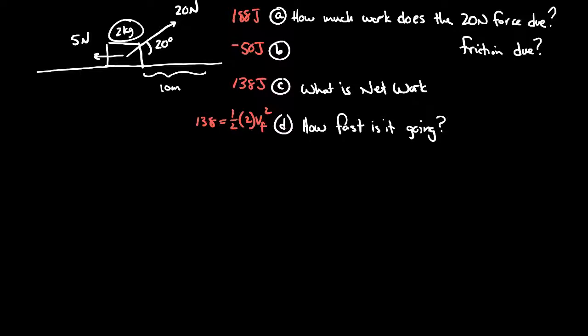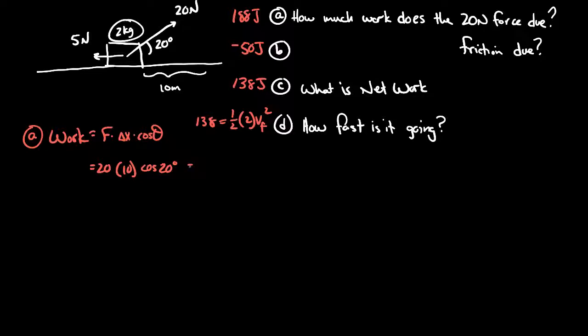We'll start with A. If I want to find out how much work the 20 Newton force does, work is going to be force times the displacement times the cosine of the angle. So that will be 20 times 10 times the cosine of 20 degrees. How's that? Pretty good?